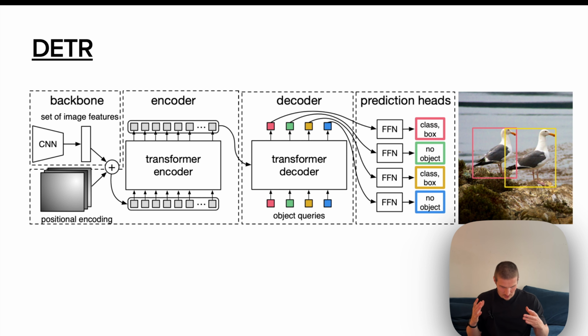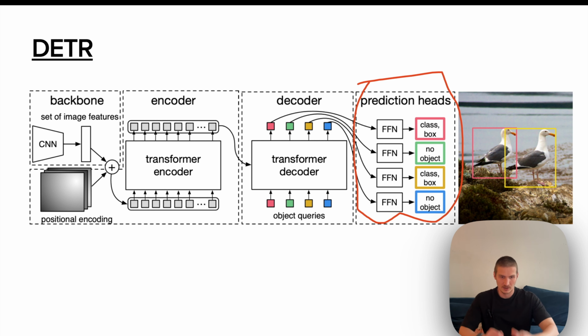In order to train it, we need some mechanism to match random bad predictions, random bad detections, to ground truth objects, so that we can train the model using backprop, meaning that we need to give incremental feedback to the model on how to become better. And that is the primary novelty of DETR, and it is solved here using the so-called Hungarian matching loss.